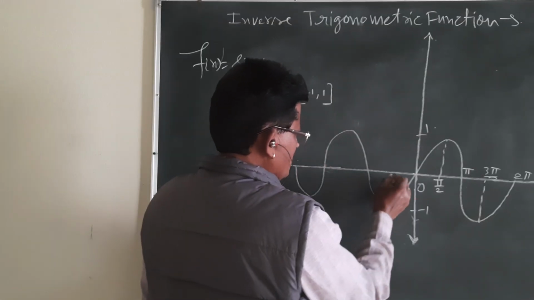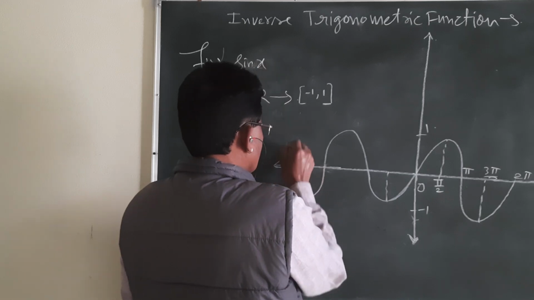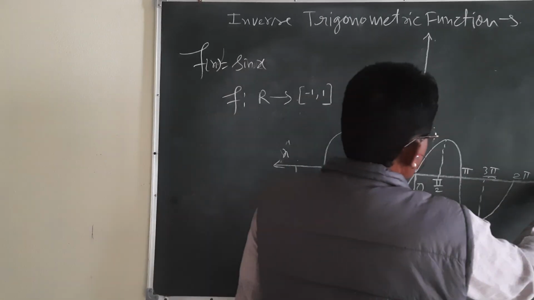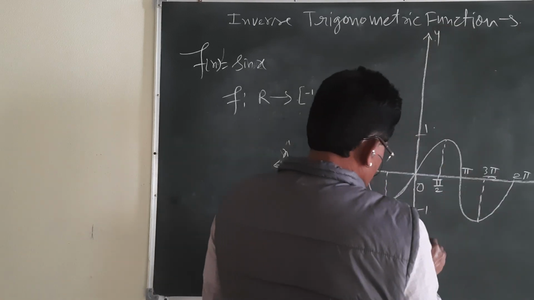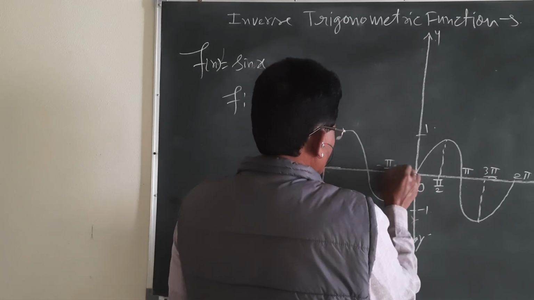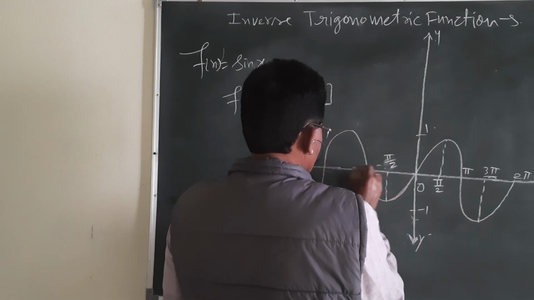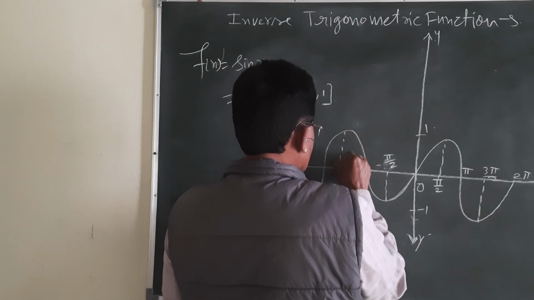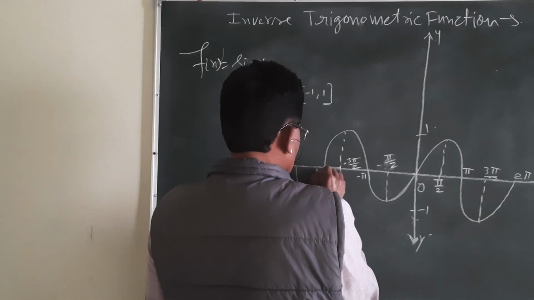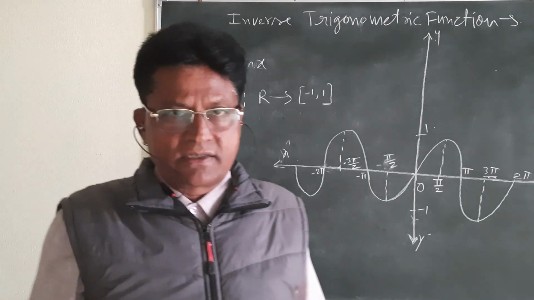Let me take some more values on the left side of the x-axis. This is the y-axis, and this will be minus pi by 2, this is minus pi, this will be minus 3 pi by 2, and this will be minus 2 pi. I think these intervals will be more than sufficient to understand.